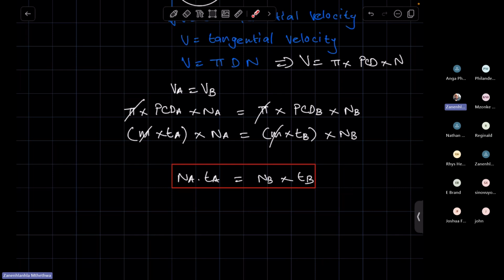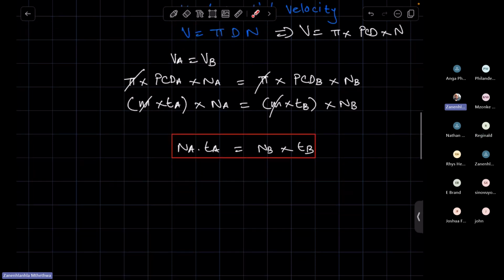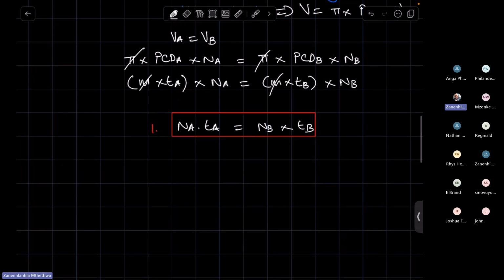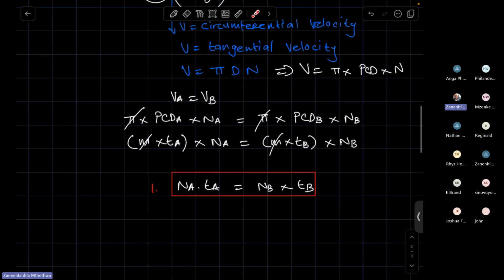Now, once you've established the relationship between the two gears, you now establish the direction of rotation. So we look at how this gear is rotating and how that gear is rotating.